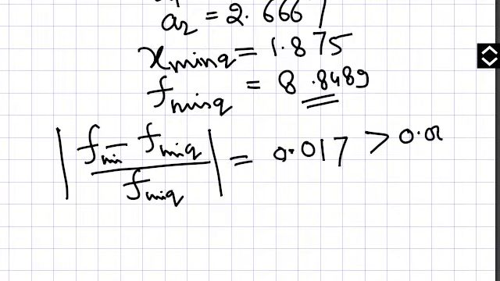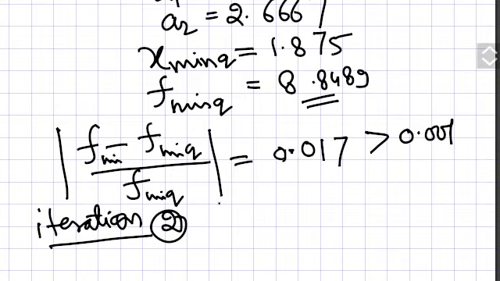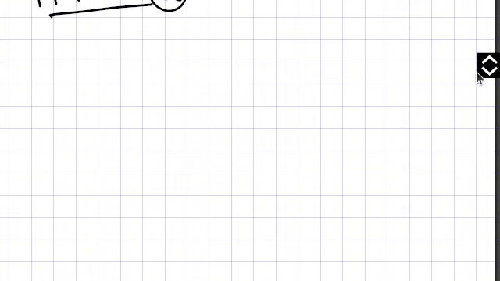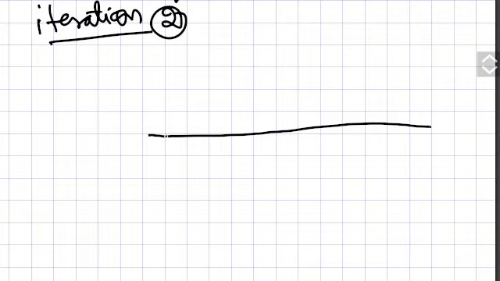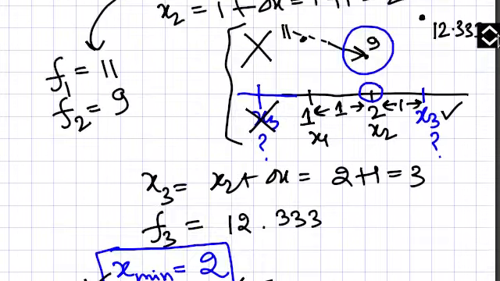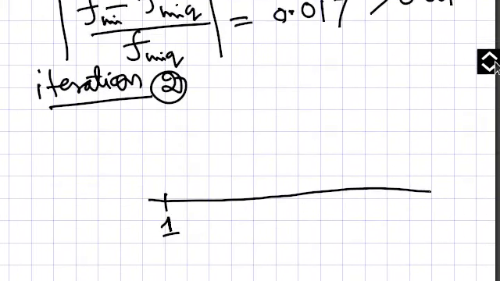So we will go to the second iteration. In the second iteration what we will do is decide the 3 new points. So we can see that here x1 is 1, and at this point the value was 11.